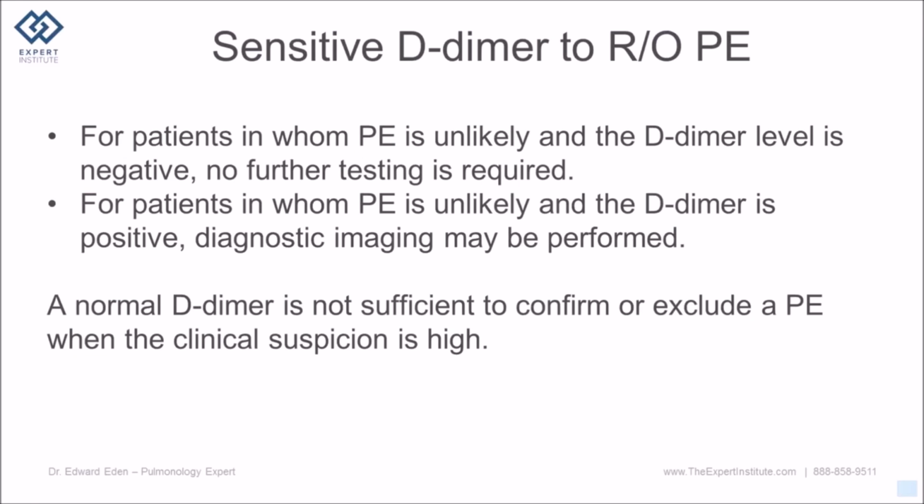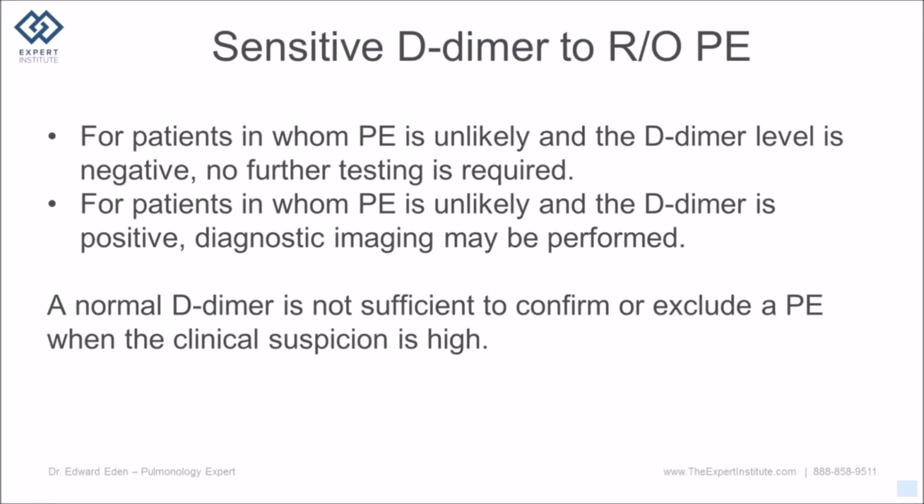However, D-dimer, like a VQ scan, is more powerful if it's negative than if it's positive. So that if a D-dimer is negative and the suspicion is low, then no further testing is required. But if the D-dimer is positive and the suspicion is low, diagnostic imaging may be performed depending on the clinical circumstance.